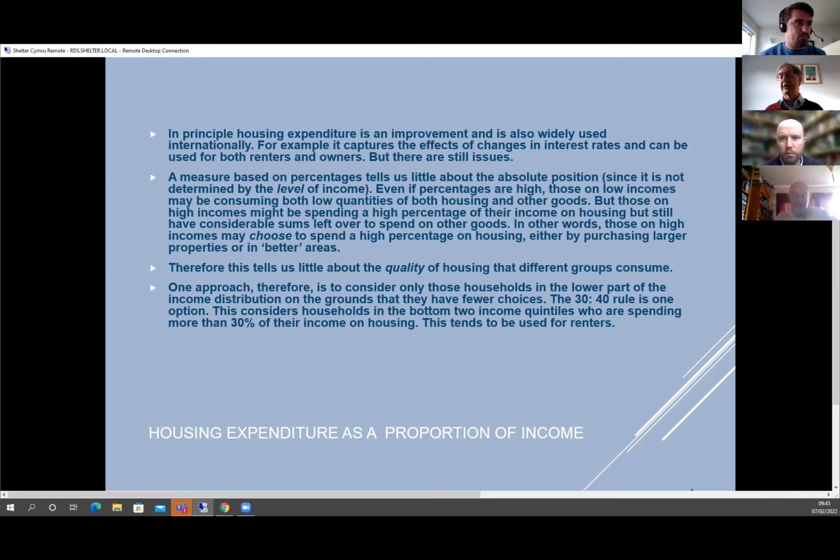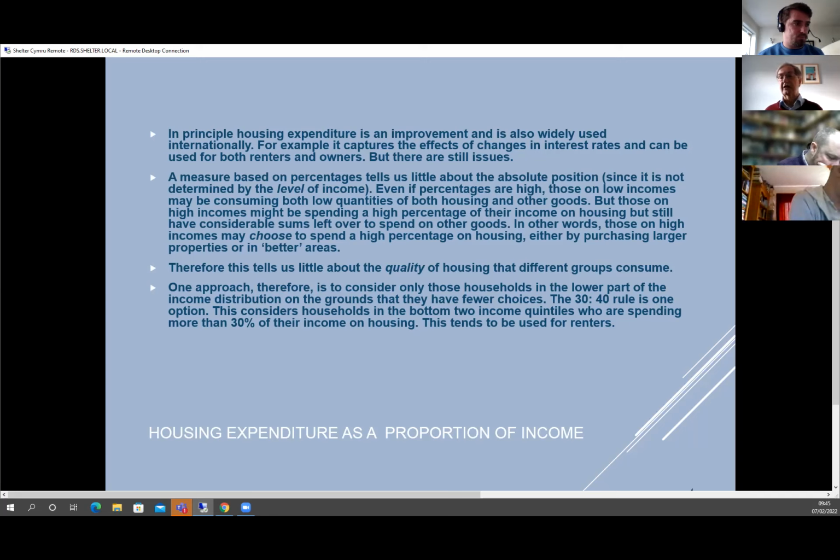They choose to spend that high proportion, and they may still have plenty of income left over for spending on other goods. So the measure doesn't easily distinguish between the two groups, and it also doesn't tell us very much about the quality of housing being consumed by different groups.